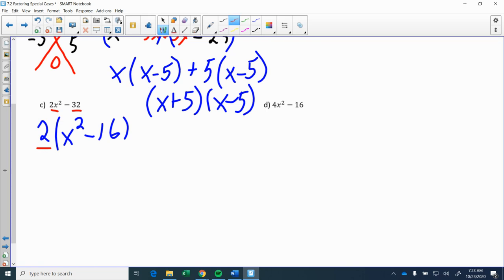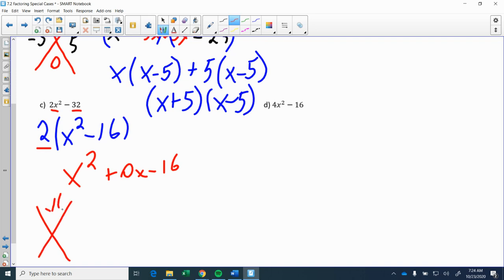Notice all I had to do was take a 2 away. 2x squared divided by 2 would leave me with x squared. 32 divided by 2 would leave me with 16. So there's a way to simplify the problem even before we started. Next, I can simplify the inside version by factoring. This really becomes x squared plus 0x minus 16.